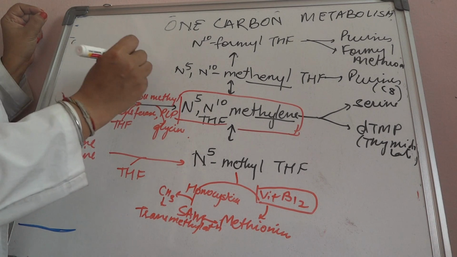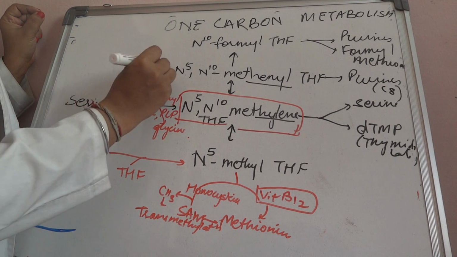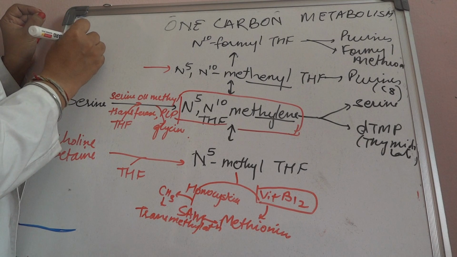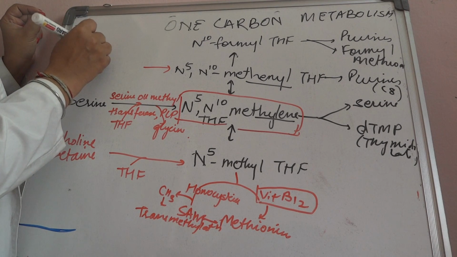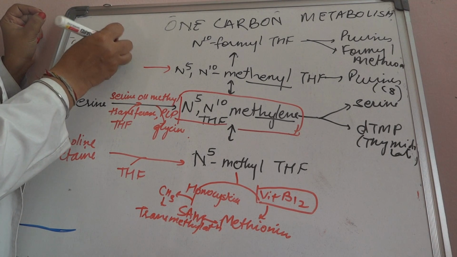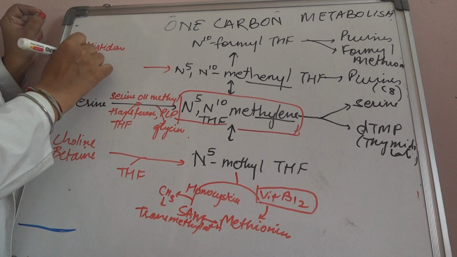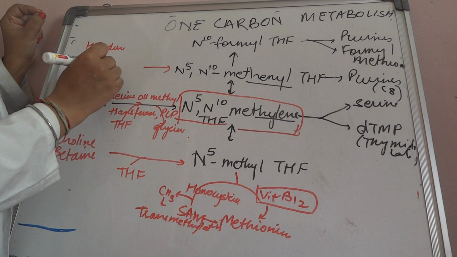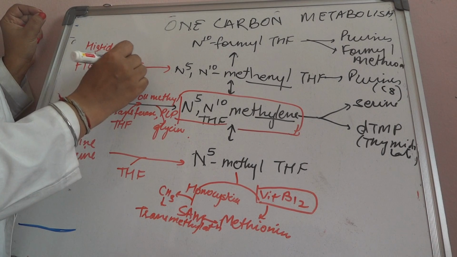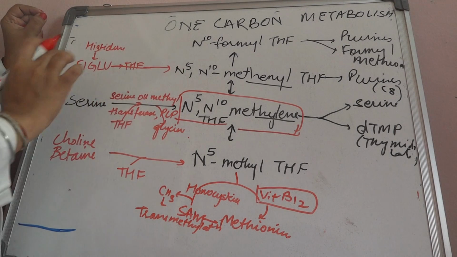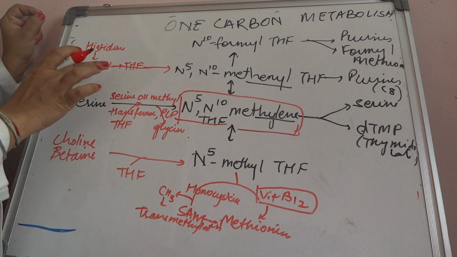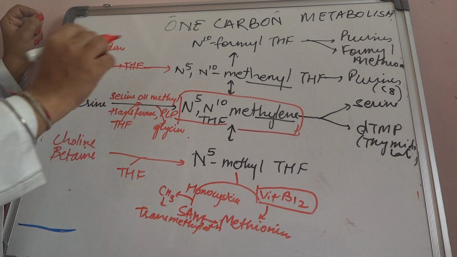N5N10 methenyl tetrahydrofolate can be formed by the amino acid histidine. This histidine forms formiminoglutamic acid, FIGLU, which takes up tetrahydrofolic acid and forms N5N10 methenyl tetrahydrofolate.